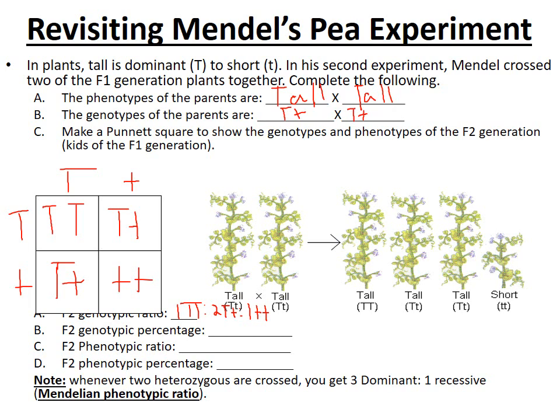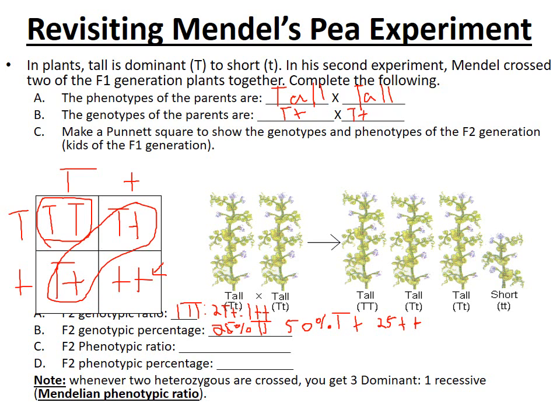You have 1 out of 4 big T, so it's 25% big T. You have 2 out of 4 that are big T, little t, so 50% big T, little t. Then you have 1 out of 4 that's little t, so 25% little t. So in your population, if you had 100 individuals, 25 of them would be little t, roughly.